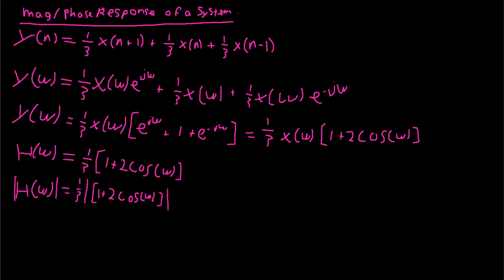And this has some parameters to it. We're assuming that w is between negative pi and pi. That's not a w, that's a 3. Let's get rid of that 3. Put a w there. There we go. Okay. So that is our magnitude response.